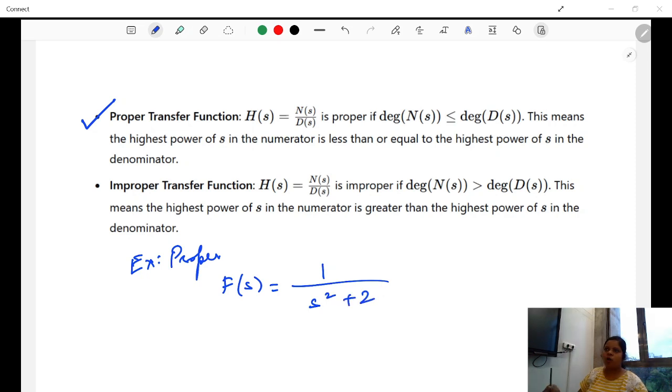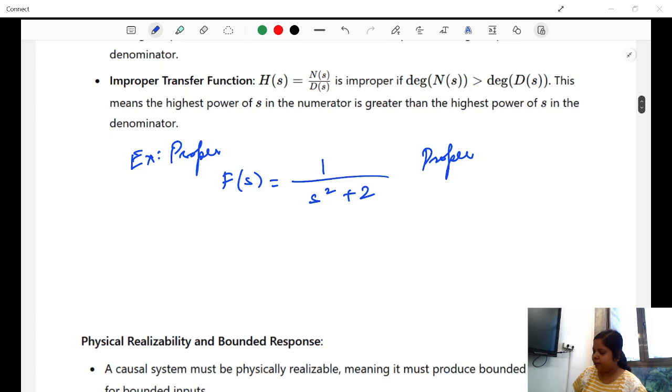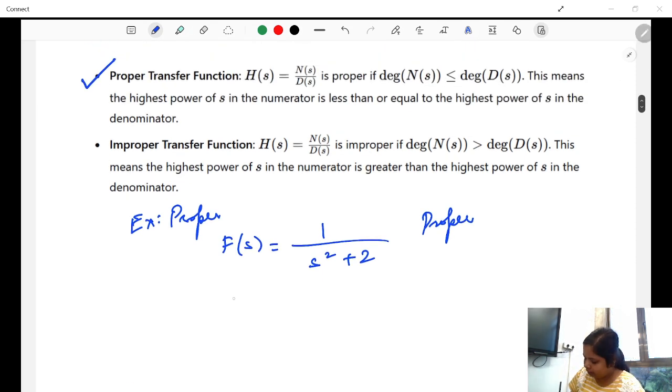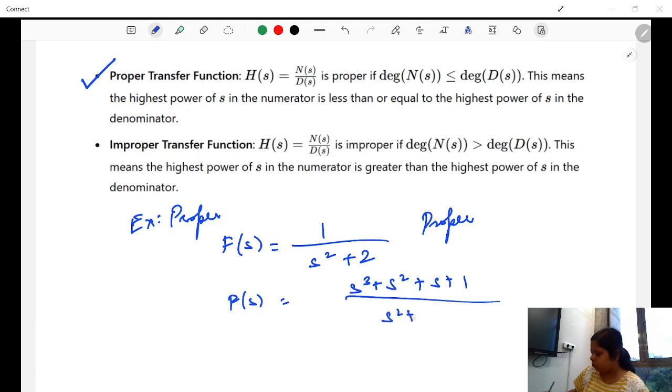Can someone tell me whether this is a proper or improper transfer function, with reason? Ma'am, it's a proper transfer function, as the denominator is of order 2 and the numerator has order 1. Right. If in the other case we had s cube plus s square plus s plus 1 upon s square plus 2, it would be improper.